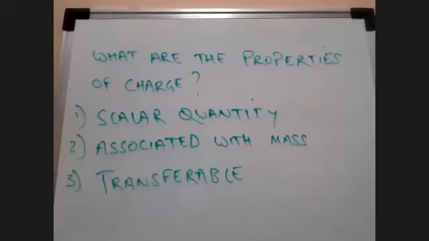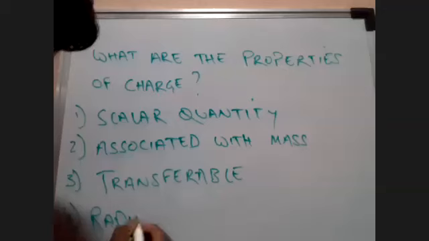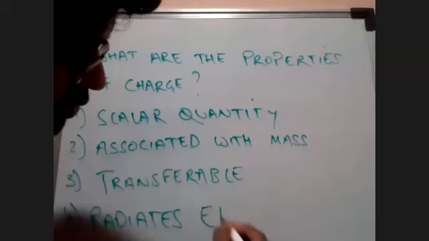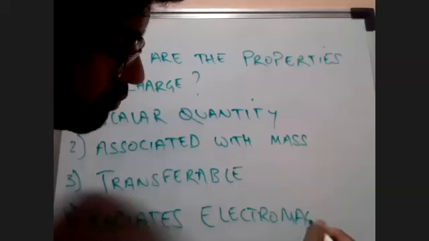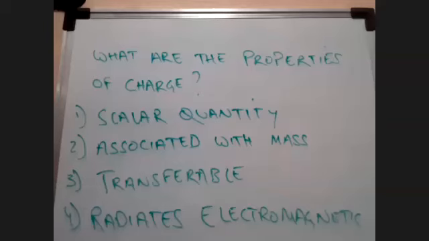Let's look at the next one. Accelerated charge always radiates in the form of electromagnetic waves. It radiates electromagnetic waves, but on what condition?